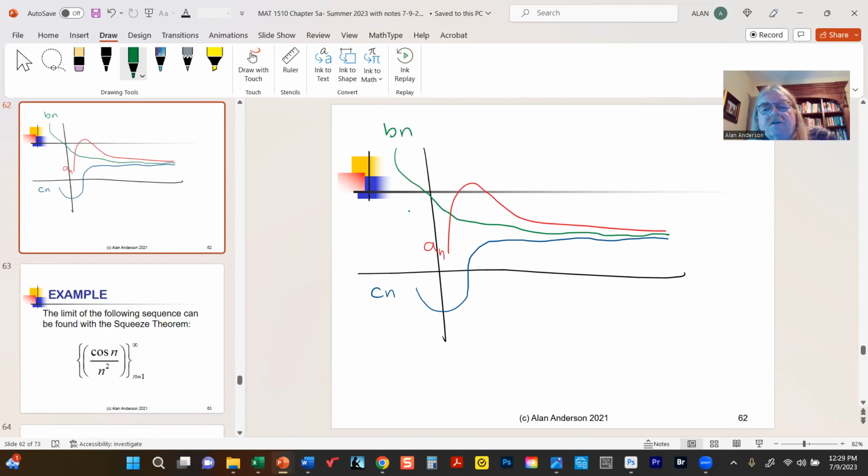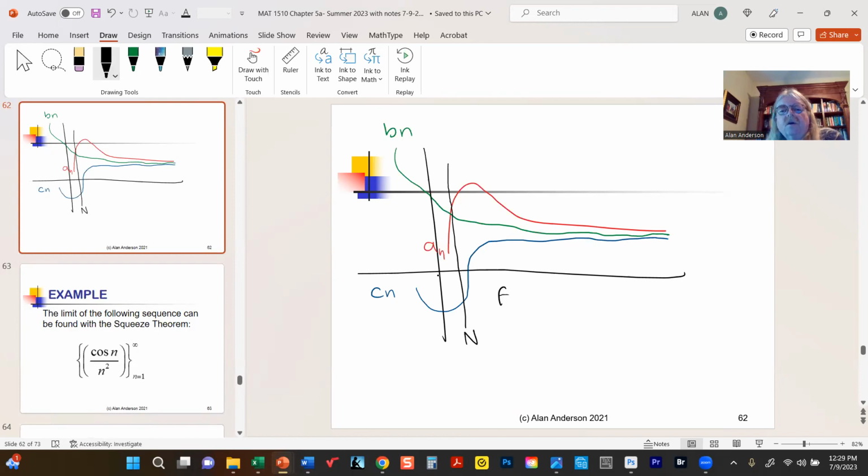So in other words, what I'm trying to illustrate here is that there's a region within which Bn is actually greater than An, but after a certain point, let's say right about here, we can think of this as capital N.